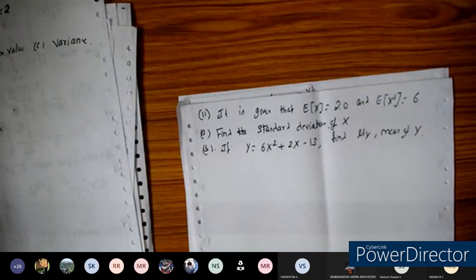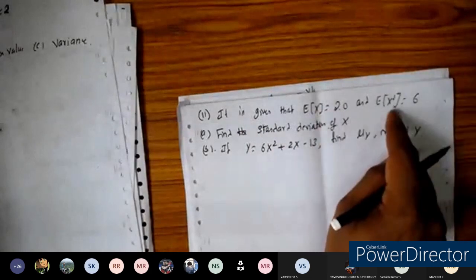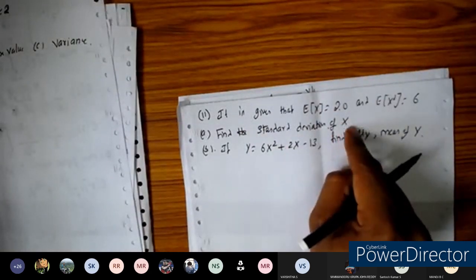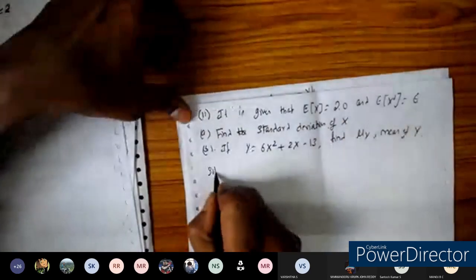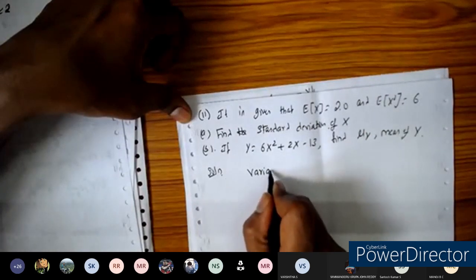Okay, so here the mean of the random variable x is given, and the mean square value is given. We need to find the standard deviation. For finding the standard deviation, it's the square root of the variance, so let us find the variance first.